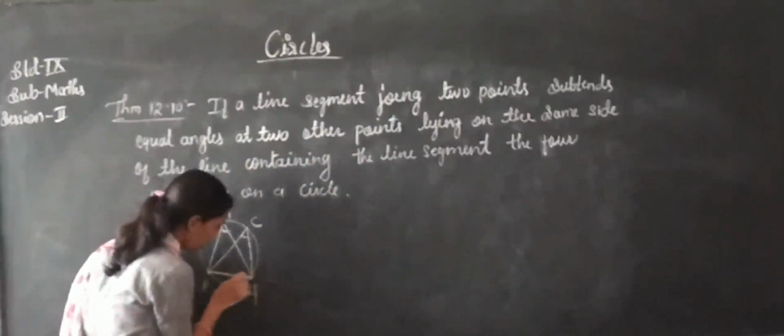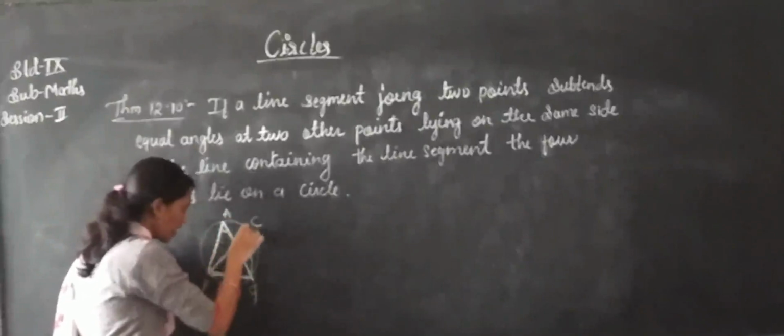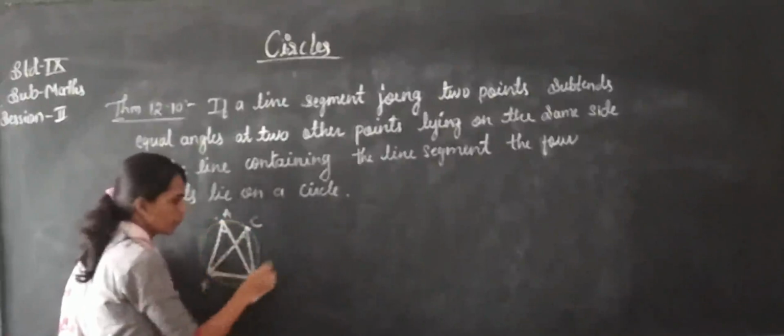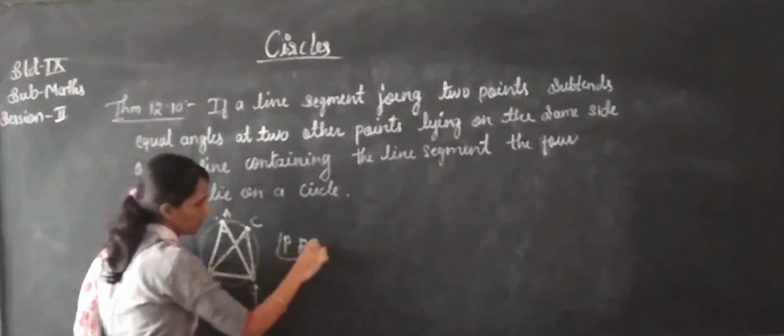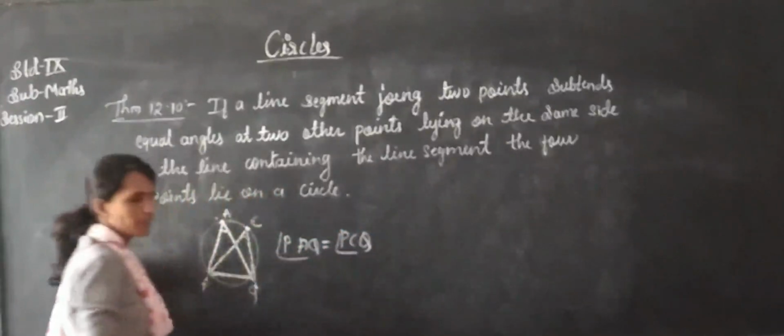PQ is a line segment and the angle subtended by PQ at points A and C: angle PAQ is equal to angle PCQ. Already we studied this by the theorem.